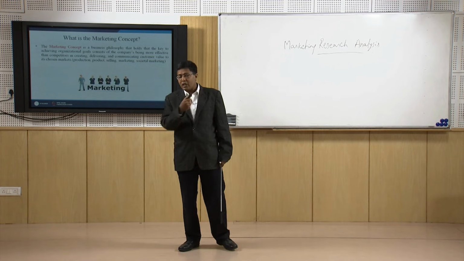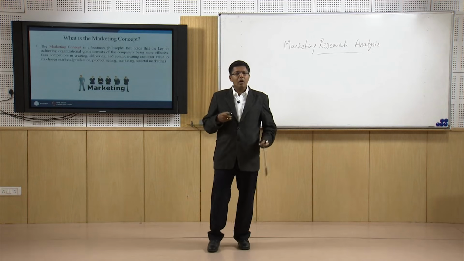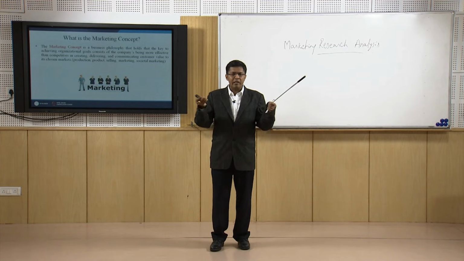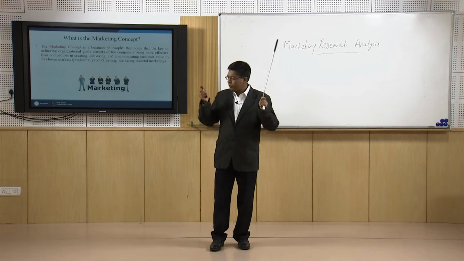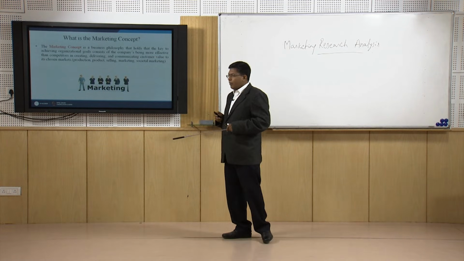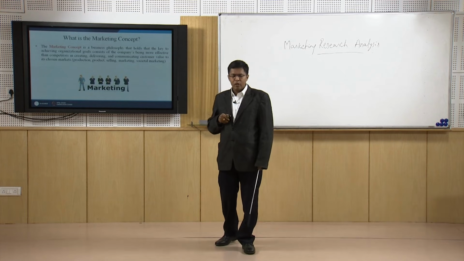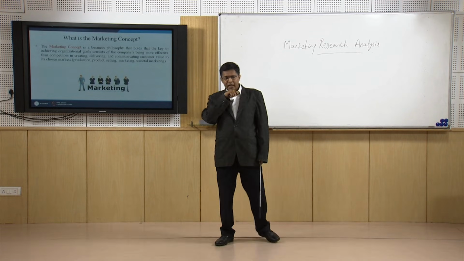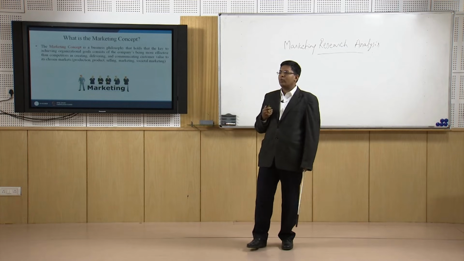So, we have to push our ideas, we have to sell our products. So, maybe sales teams were organized and companies started pushing their products. But that also had its own disadvantage. So, then companies started realizing what to do, how to move ahead, how to bring the customer to our side now.